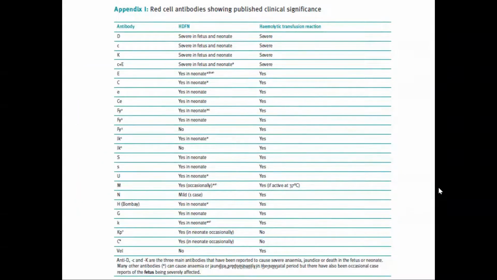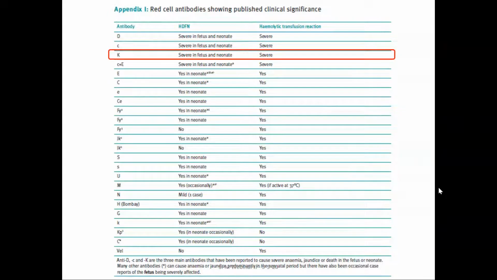Now, if you go back and look at this particular table, it is quite obvious that the most severe reactions are produced predominantly by the rhesus group of antigens, or the rhesus antibodies. The only exception there is the KEL antibody.